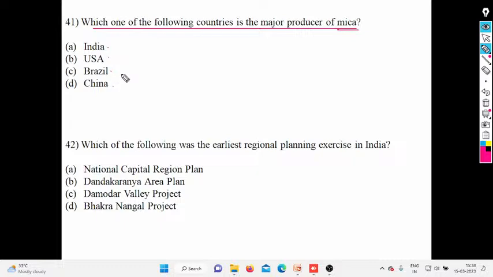Major producer of mica, India, है ना. Mica देखो, it is number 1 in mica production, none other than India. India is the major mica producer.